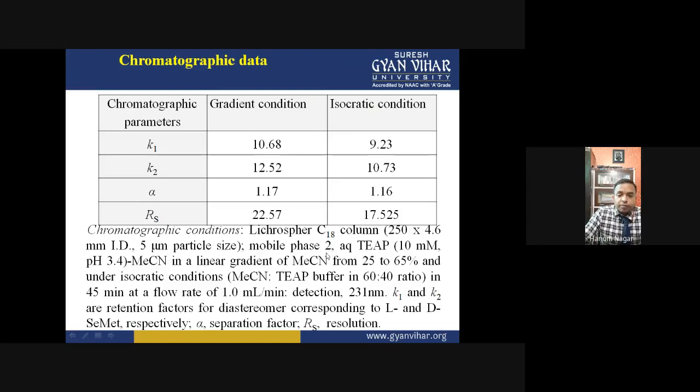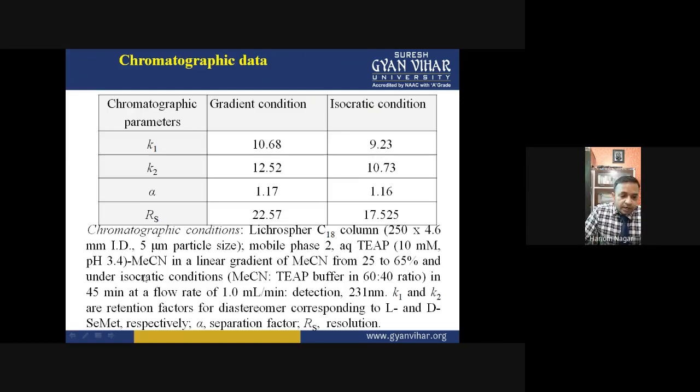And the second component of the mobile phase was acetonitrile. Okay? This is the organic modifier, and acetonitrile and TEAP buffer were taken in a linear gradient mode, where the ratio of acetonitrile was varied from 25 to 65%. Means at the start of the chromatographic run, 25% acetonitrile was running in the mobile phase, while at the end of the run, 65% acetonitrile was running.